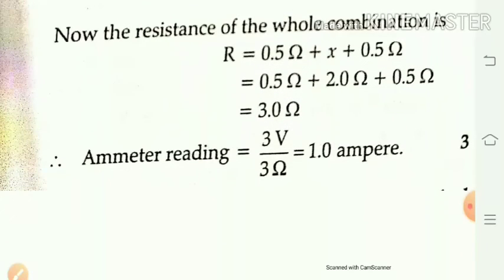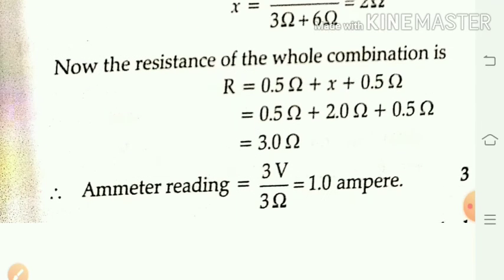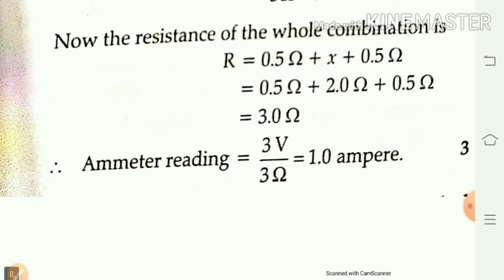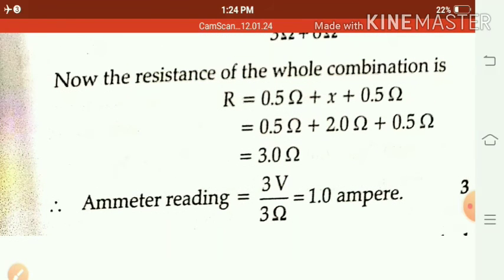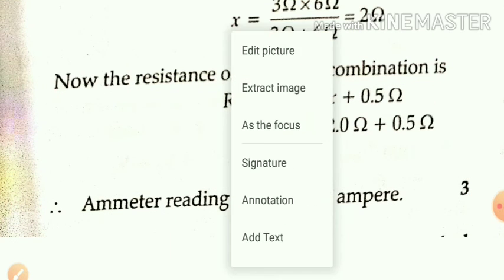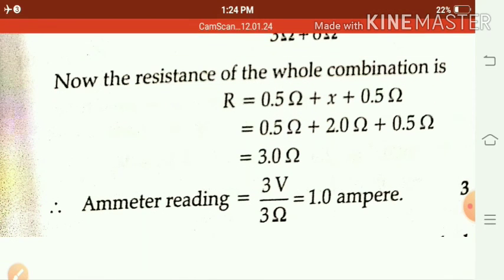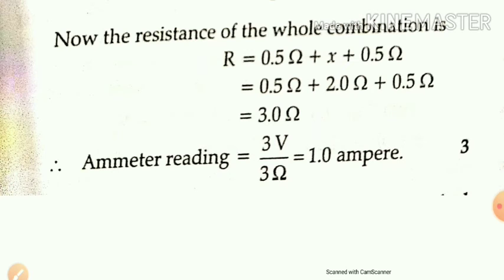Now, the resistance of the whole combination is equal to 0.5 ohm plus X plus 0.5 ohm. Here the X value we have calculated is 2 ohm.